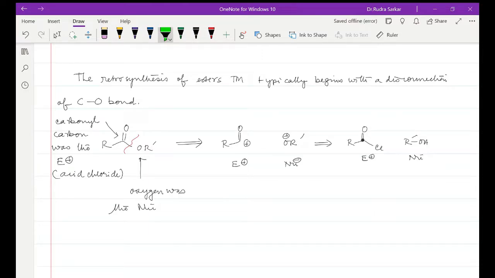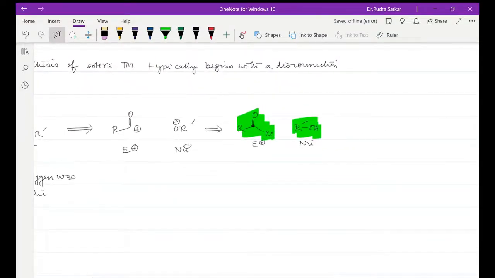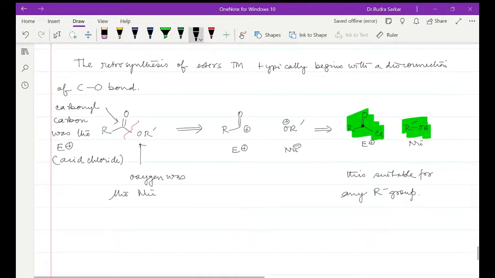Reaction between these two molecules leads to the formation of the ester. One piece of information about this reaction is that it is suitable for any R prime group. That means methyl, primary, secondary or tertiary.